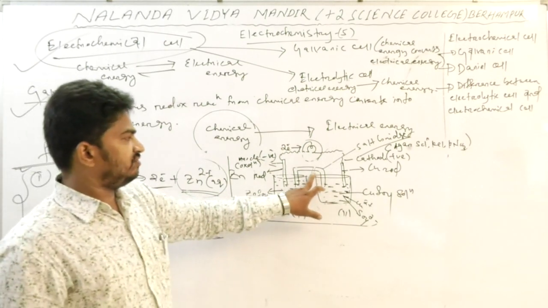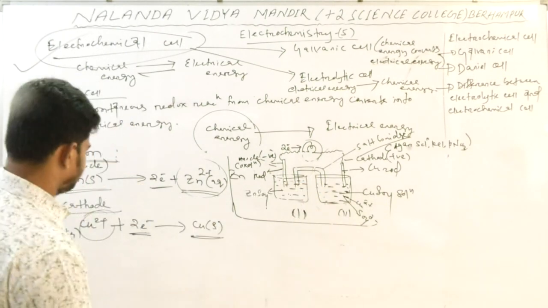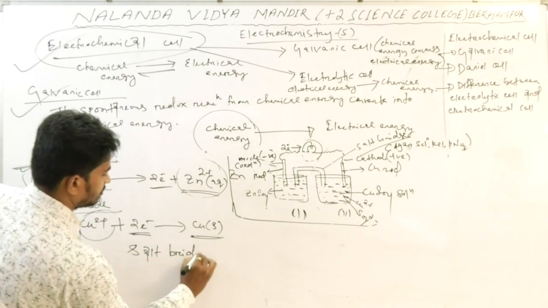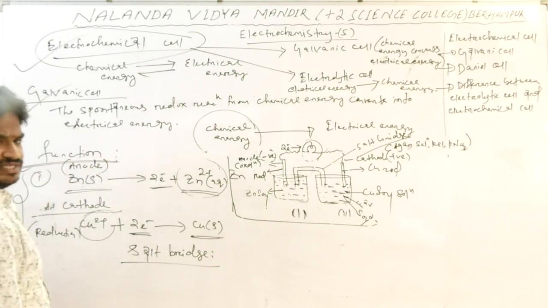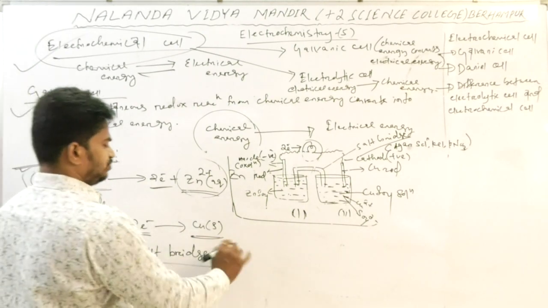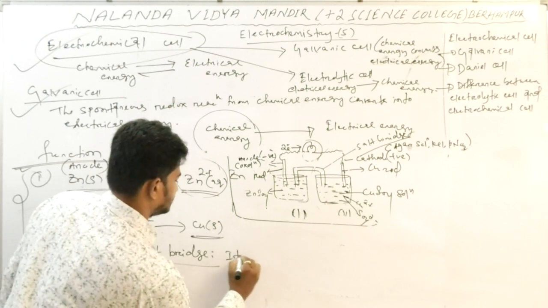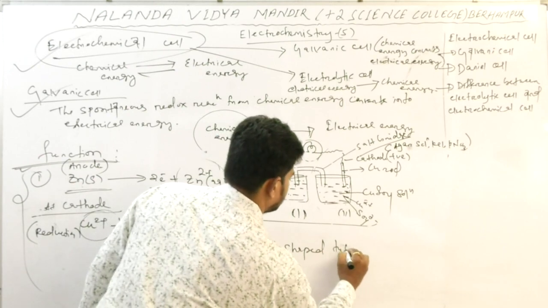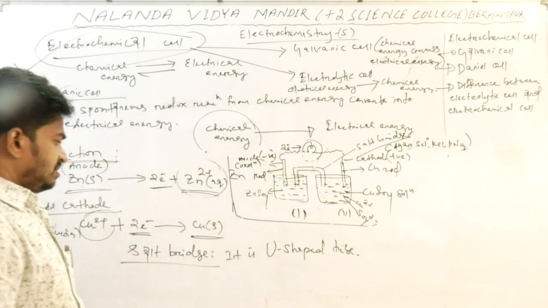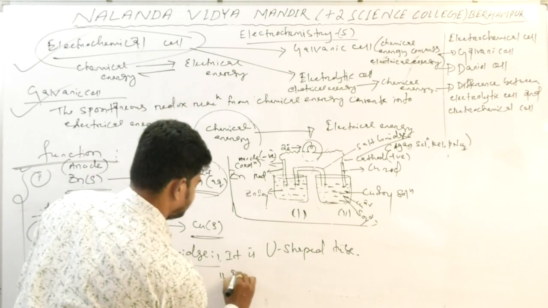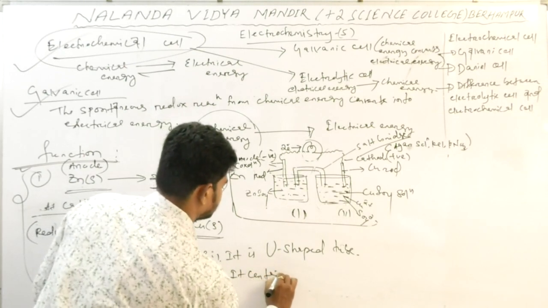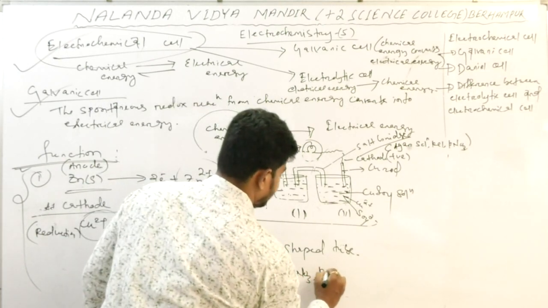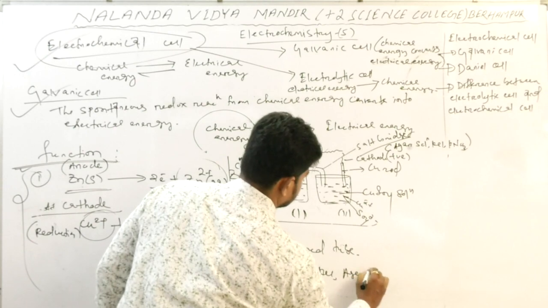Then what is the use of the salt bridge? The salt bridge is a U-shaped tube. It contains potassium nitrate, potassium chloride and agar solution.